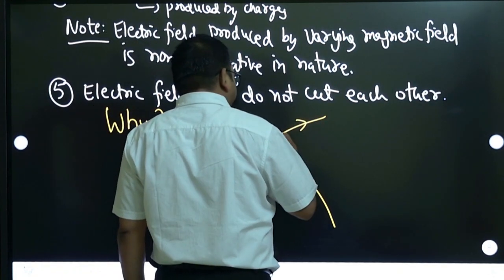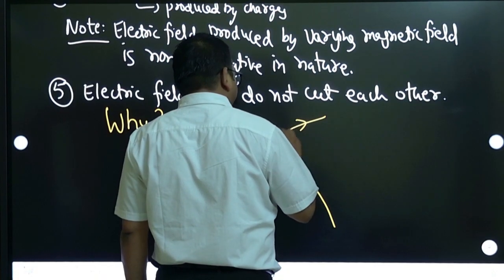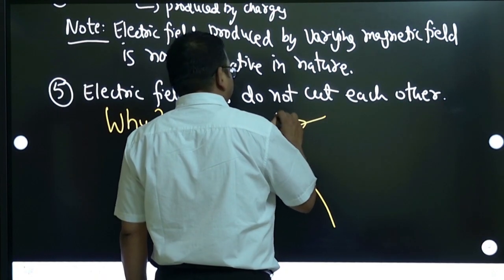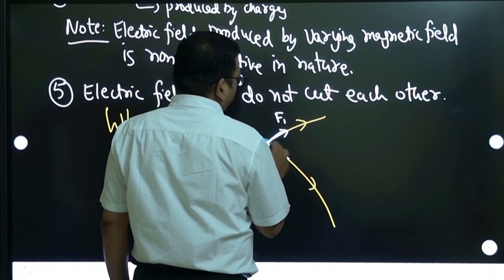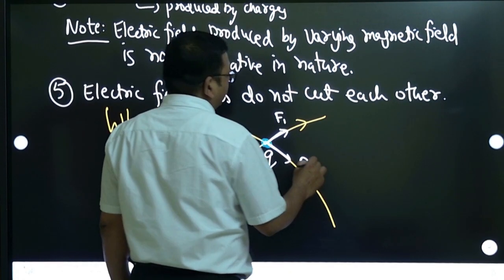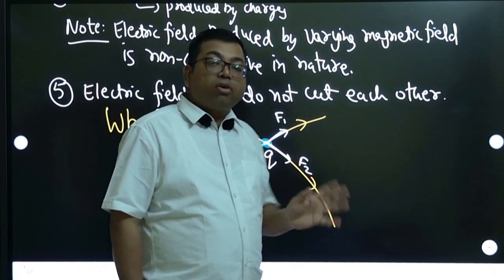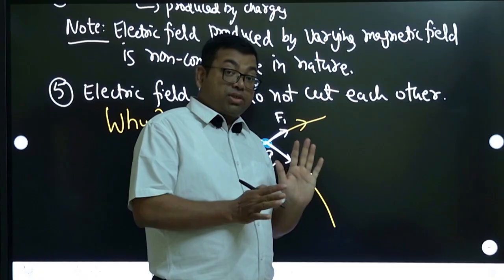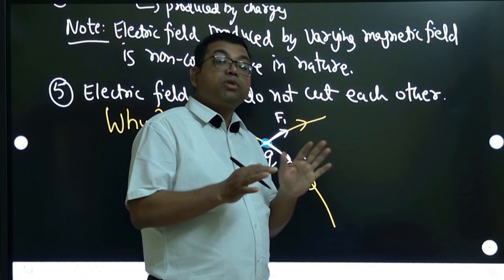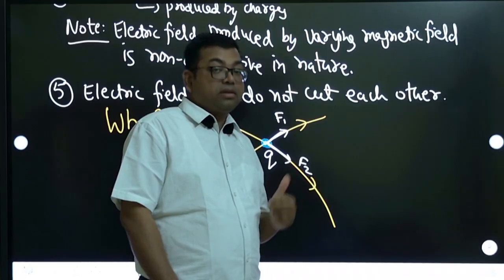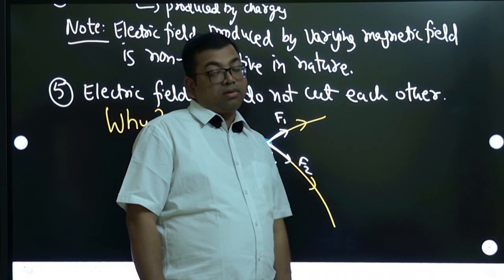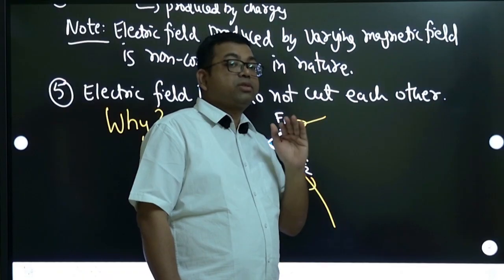Due to this field line, the force will be in this direction, force F1, and due to the other the force will be in this direction. So this charge cannot move in two different directions at this place. It has to move in only one direction.